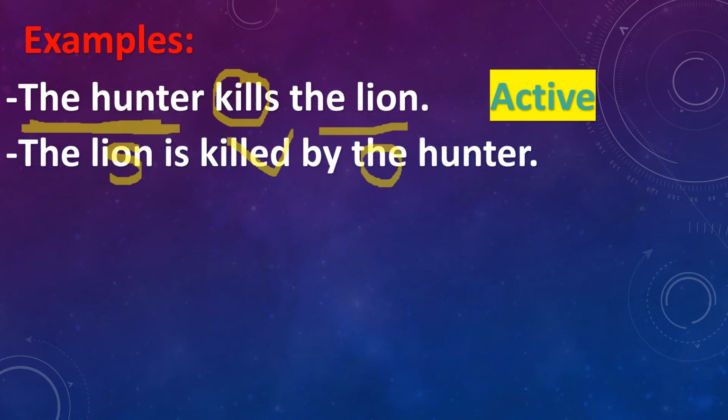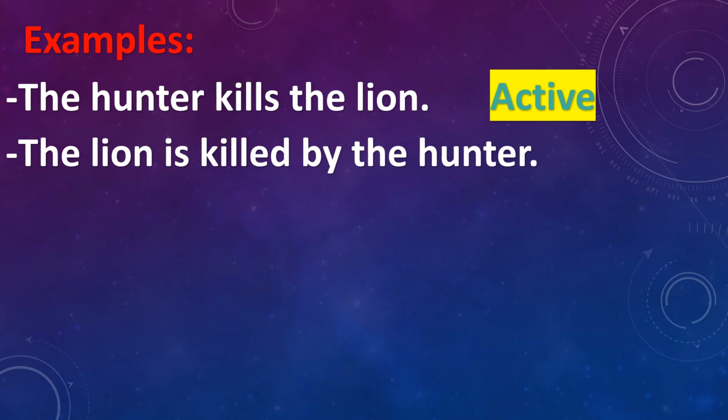Okay, after that, the lion is killed by the hunter. Here we have the lion. The lion here is the object because it receives the action, and after that we have verb to be, the present form of verb to be, which is is, because the lion is singular.